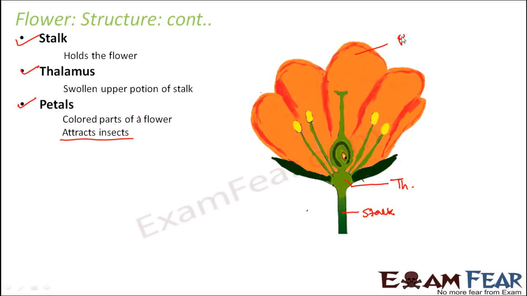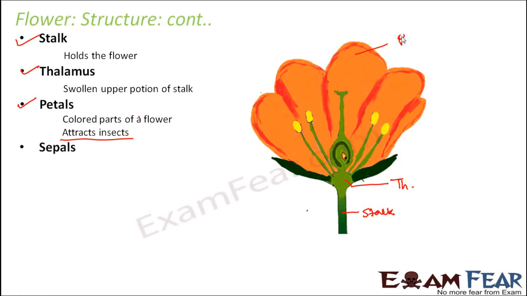While discussing reproduction in flowering plants in your previous classes, we saw that pollination plays a very important role in reproduction in flowers. For pollination, you need pollinating agents, and insects act as pollinating agents. Therefore, flowers need insects. How do they attract insects? With the help of these colorful petals.